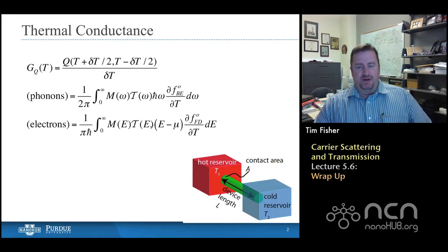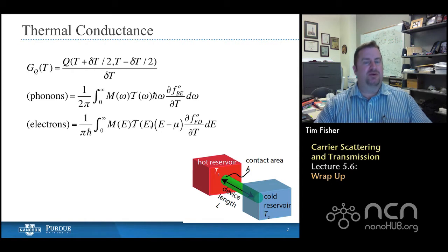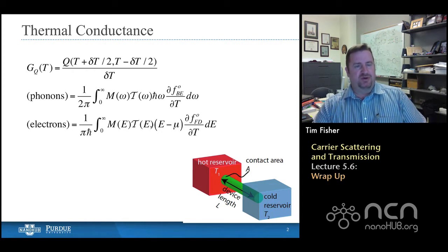And just to remind you, our general approach and framework for this course had us looking at integrals such as those shown on this page, where we're really studying term by term the number of modes, that's M, the transmission function, that's a big topic for this week, the energy of the carriers, and then if we're looking at conductance, then we're talking about a temperature derivative of the distribution function, that's either Bose-Einstein for phonons or Fermi-Dirac for electrons.